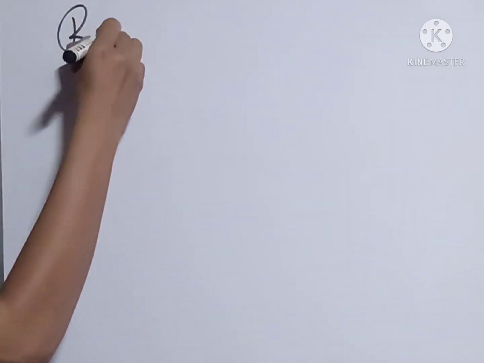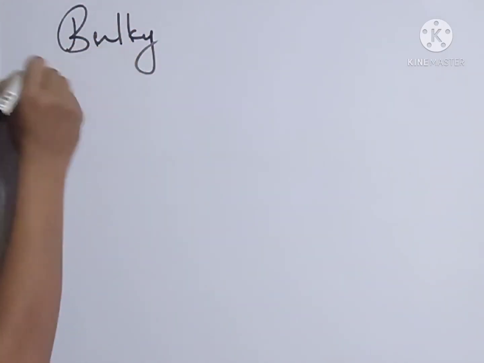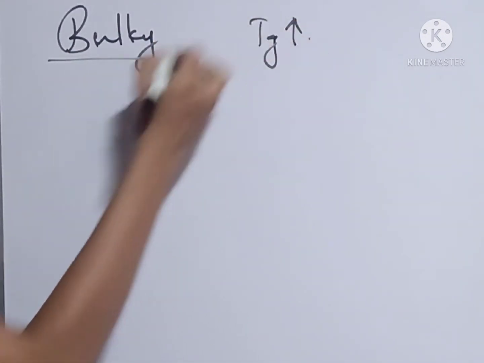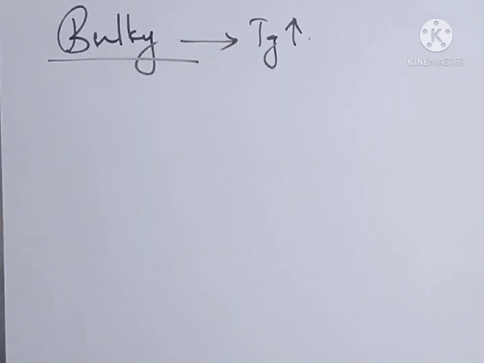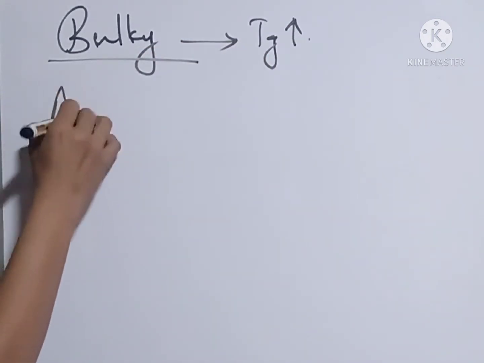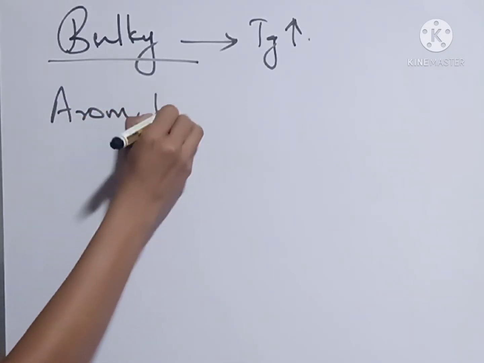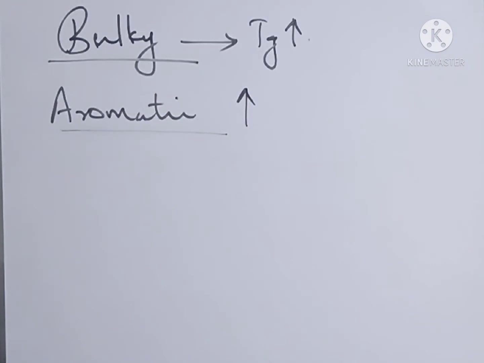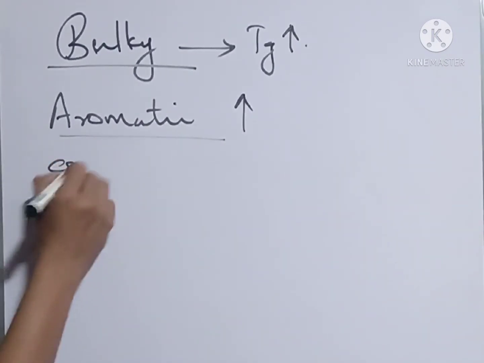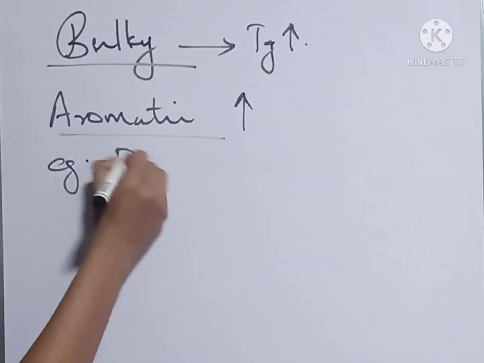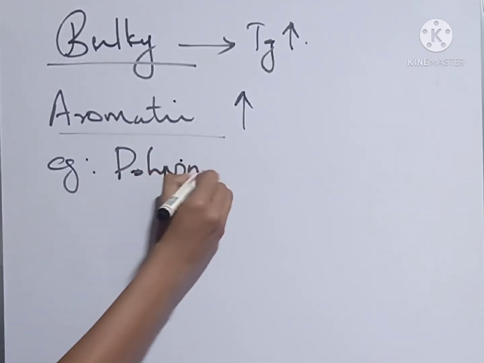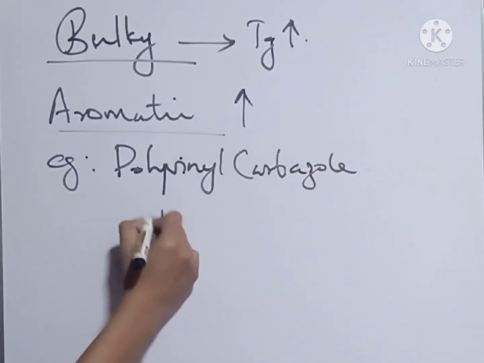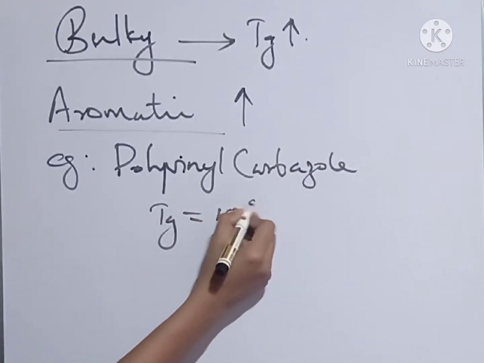Already told that bulky side groups increase glass transition temperature. For example, if aromatic side groups are there, that increases glass transition temperature. For example, the glass transition temperature of polyvinyl carbazole is about 150 degrees.